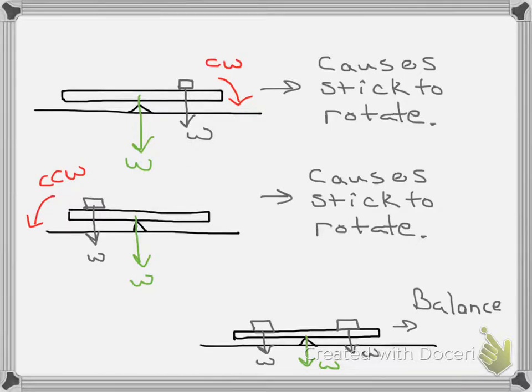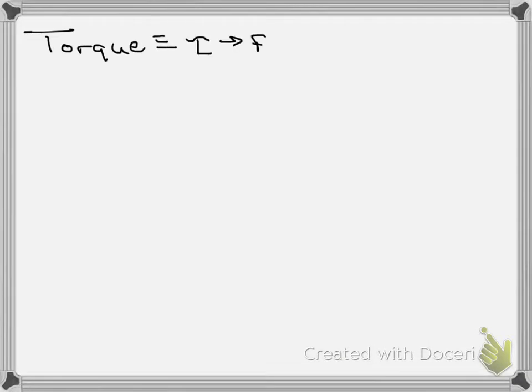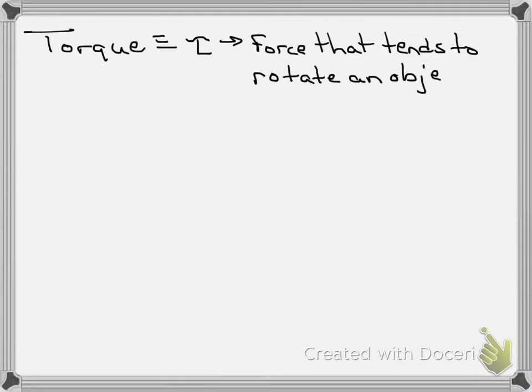Well, how do we determine whether something's going to be balanced or not? Of course, you can do trial and error, or we can look at something called torque. Torque, for which we use the symbol lowercase Greek tau, is the result of a force that tends to rotate an object.